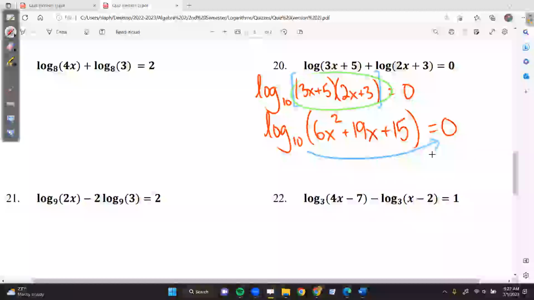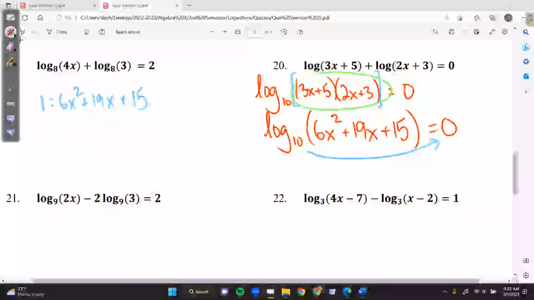What is 10 to the power of 0? Here's 1. So I'm going to say 1 equals 6x squared plus 19x plus 15. Not 0, not 10, 1.